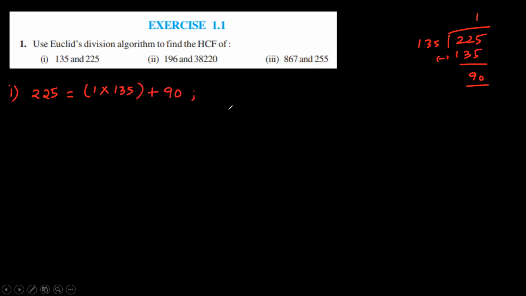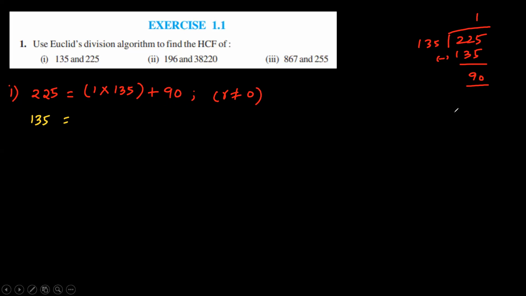As I said, you have to proceed till you get the remainder as 0. Mention that the remainder is not equal to 0. In the next step, we write A as whatever divisor you had in the previous step, that is 135, and the divisor will be the previous step's remainder.